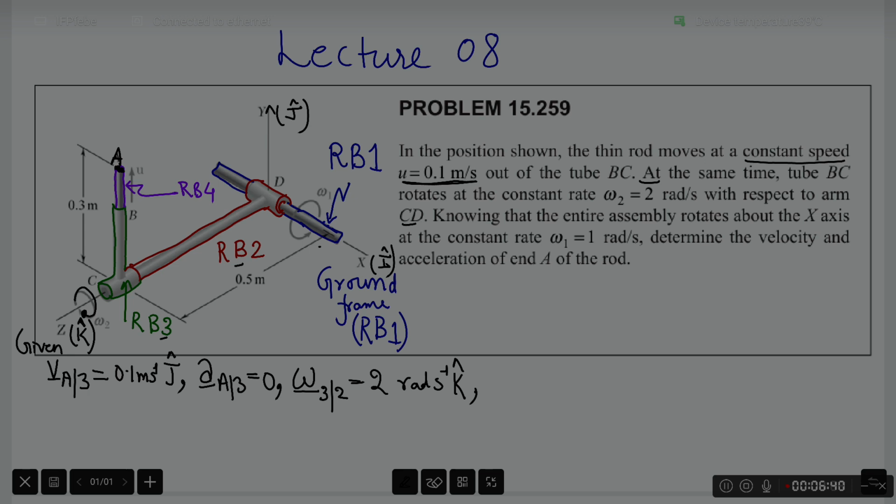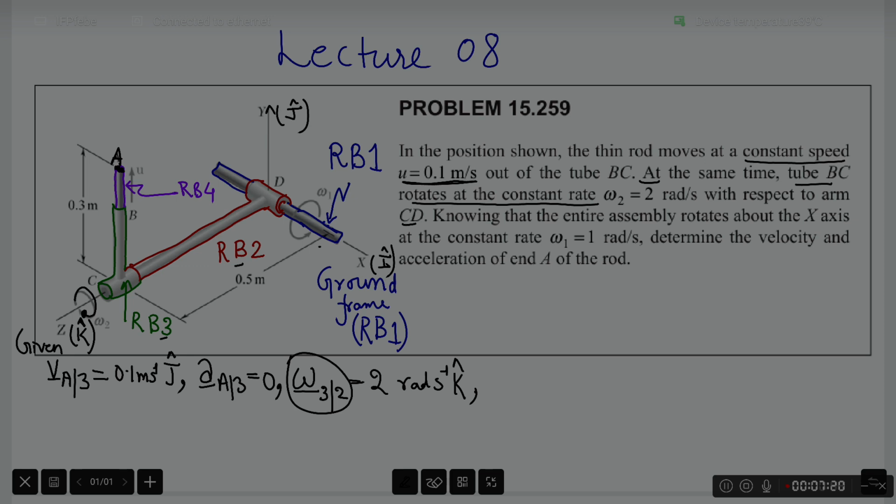Further, it is also mentioned that the tube BC rotates at a constant rate. What is the importance of this constant rate? So this vector omega 32, since it is a vector, there are two ways in which this vector can change. Either the magnitude changes or its direction changes. In either case, omega 32 will change.